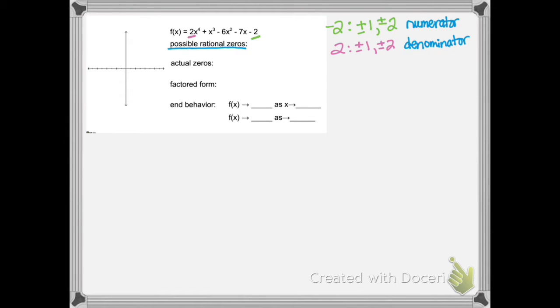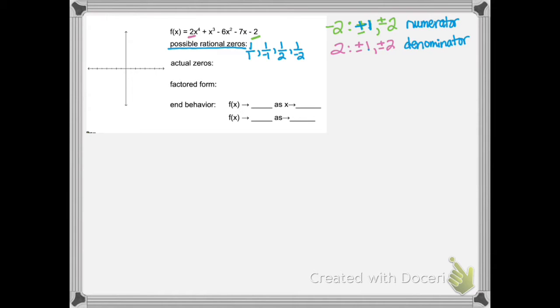I could have 1 over 1, 1 over -1, I could have 1 over 2, I could have 1 over -2. So with this positive one here, I could have 1 over 1, 1 over -1, 1 over 2, and 1 over -2.